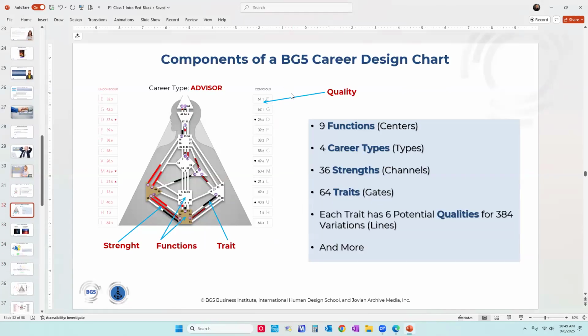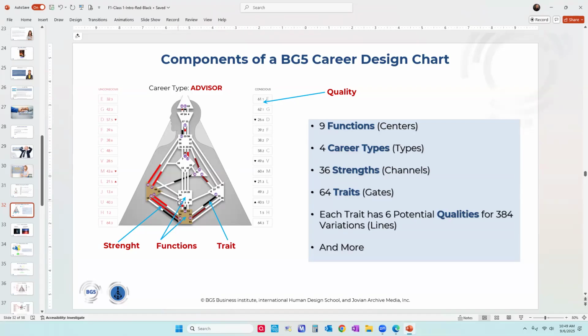When it comes to the components of the career design, we're looking at various things right now. I listed it right here. This particular design is an advisor, but you'll see as we're going along, that's the place I'll get you to, that you will be able to look right at a design and know several things very quickly. Oh, this person is this, this, and this. Just in terms of being able to identify the components of the person's design.